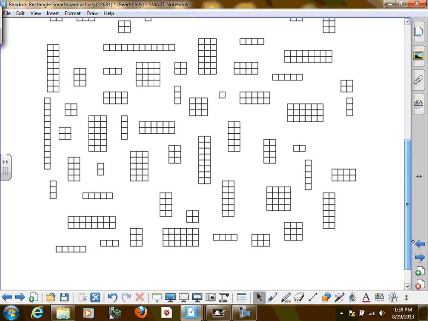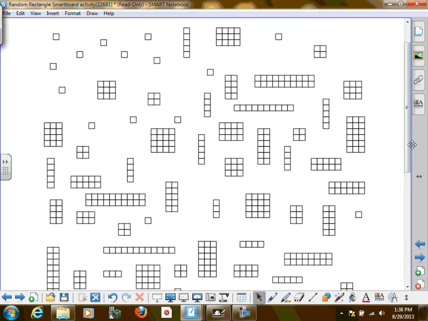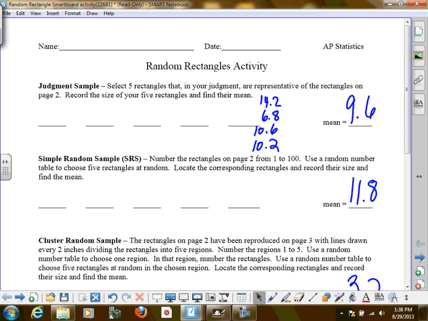You don't recognize that there really are a lot of single ones sprinkled in here, and those areas of ones are going to pull that average down. So everybody but Bethany overestimated the average because your eye was naturally drawn to the larger shapes, and that was what you did in your best judgment.